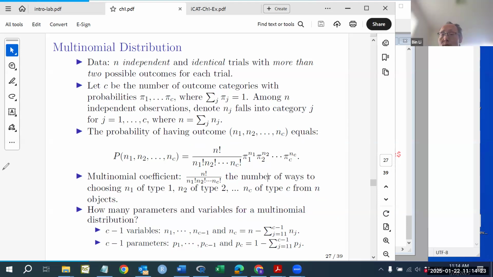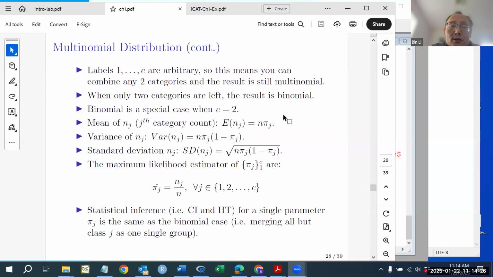Okay, so the labels from 1 through C are arbitrary. You can change to different labels, that's fine. The mean for n_j, the j-th category count, equals n times pi j, which is the same as the binomial, right? And the variance is also the same as binomial, n times pi j times 1 minus pi j.